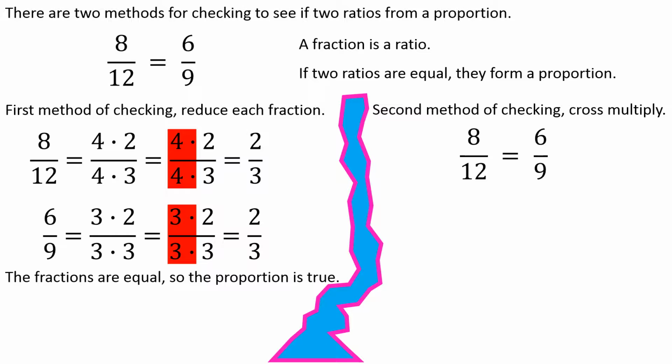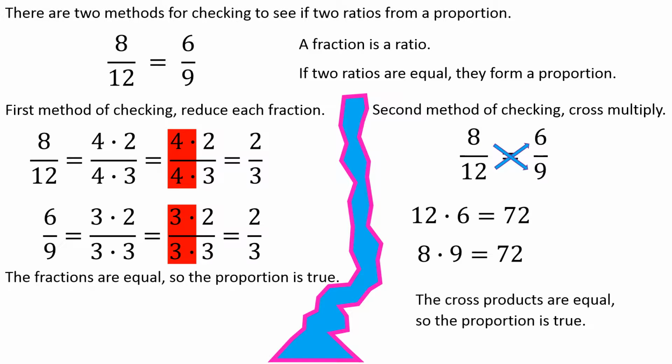We can also cross multiply. Twelve times 6 is 72. 8 times 9 is 72. Now, you don't have to start with the 12 times 6 is 72.